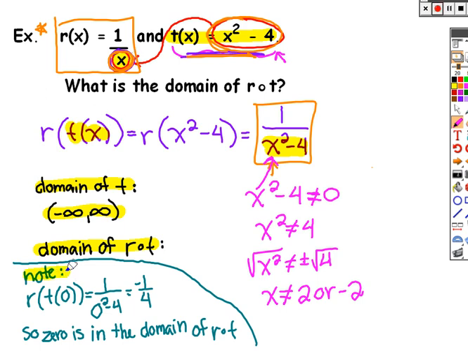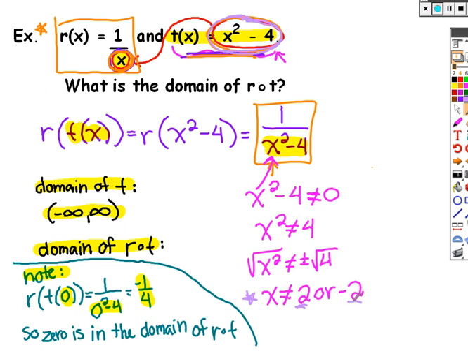If I plug in 0 first to function t, then I get something like this. What comes out? I actually get out a real number. So 0 is fine, but what I need to be careful of is what I could plug into function t that will produce 0. And that's where this bottom part comes into play. If I plug in 2, well, 2 squared minus 4 is 0.